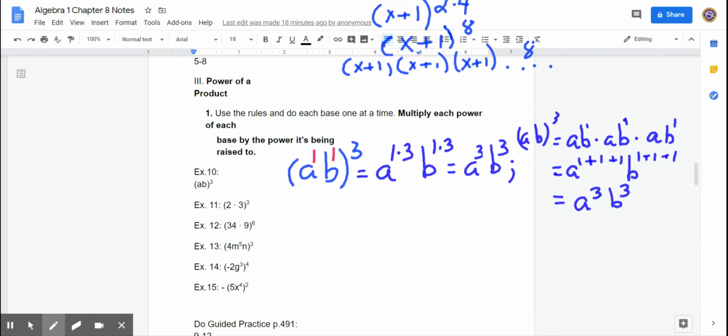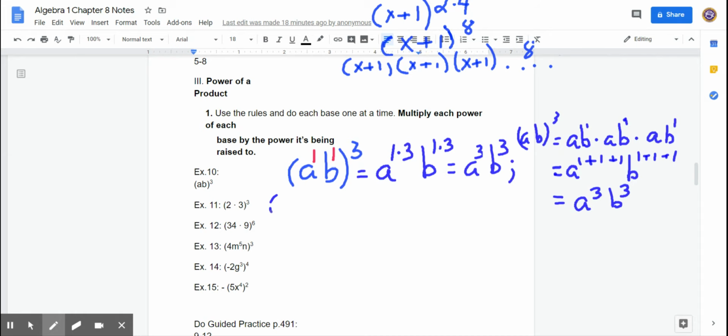But instead of having to write all of that out, we can take the shortcut and know that all we have to do is multiply each exponent by the exponent that it's being raised to. Okay, each one. So for instance, on 11, you have the quantity of 2 times 3, cubed.